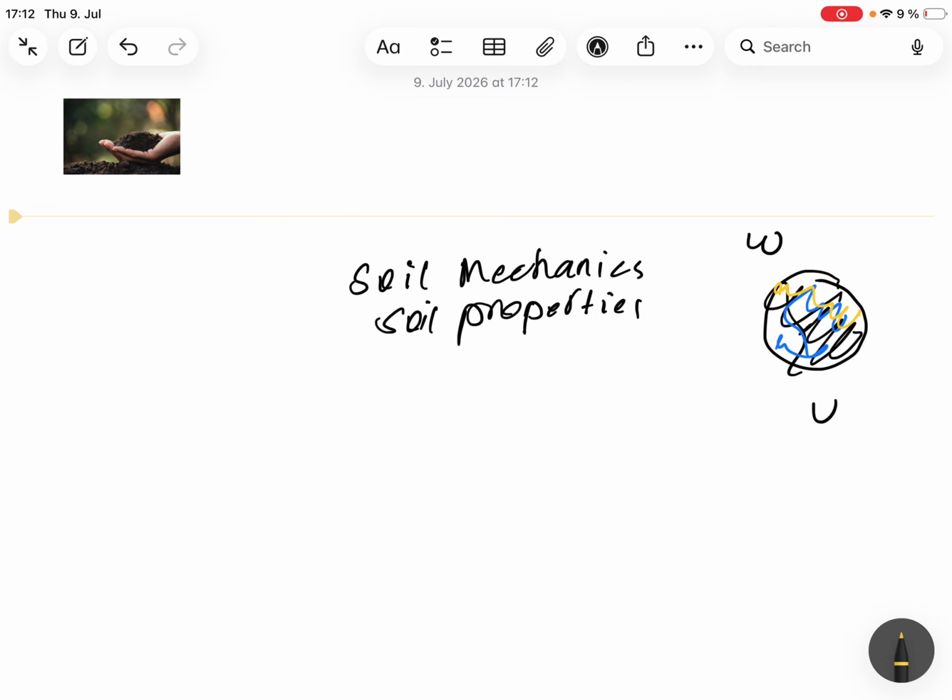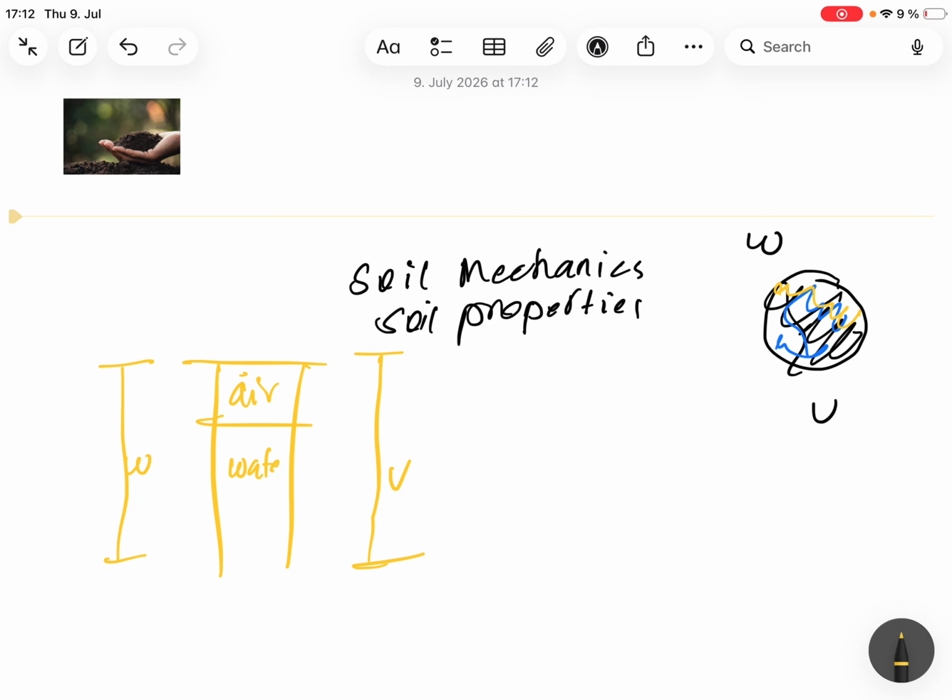So we have W as weight and total volume as V. But it has three parts. It has air, it has water, and it has solids.